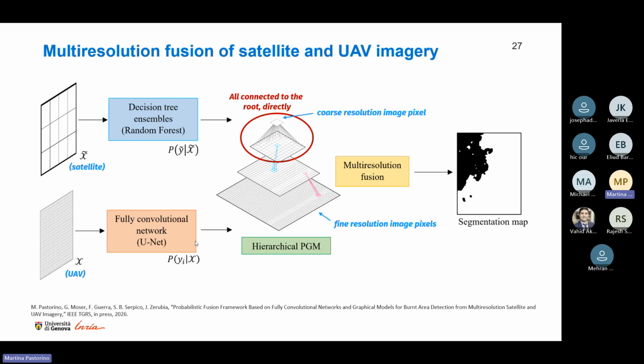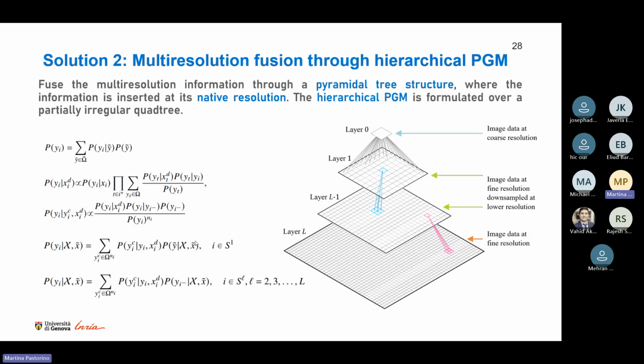They are different between the UAV and the satellite image, because the UAV had a lot of pixels, so we could use a fully convolutional network, and the satellite imagery, 500 times coarser, did not. So we used decision tree ensembles such as random forest to extract posterior probabilities.